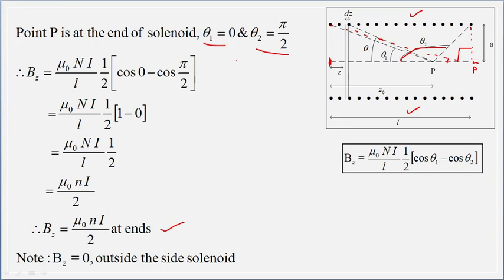At the ends, the magnetic field will become less and less as one goes away. At the end, it is mu naught ni by 2, and inside it is mu naught ni. So this is the expression for the magnetic field due to the solenoid.